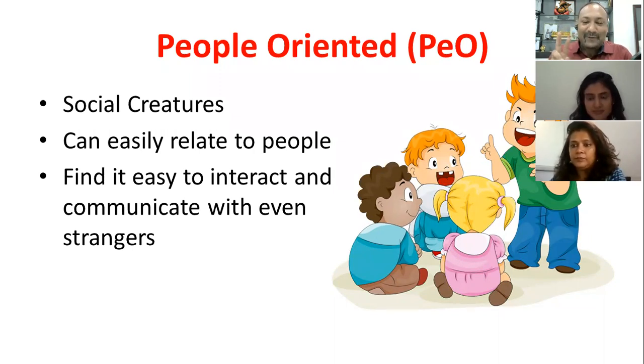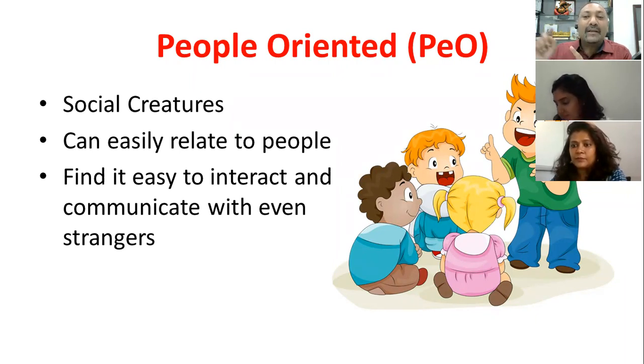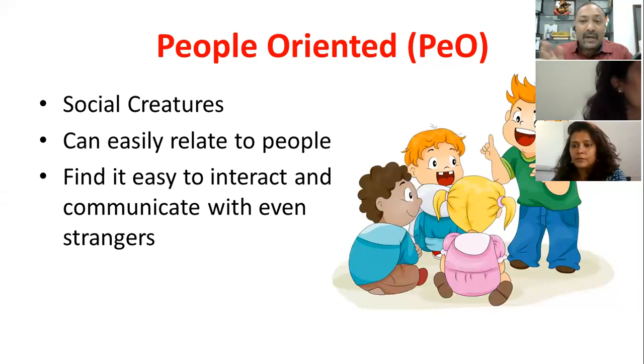And there's a second category of children who are more into disturbing other children, trying to figure out where the teacher commits a fault, trying to figure out what the teacher has warned, and then passing on some comment, talking with their peer group. These 2 types of children can very clearly be separated even in the class. The second category, now you can understand, is the people-oriented category.